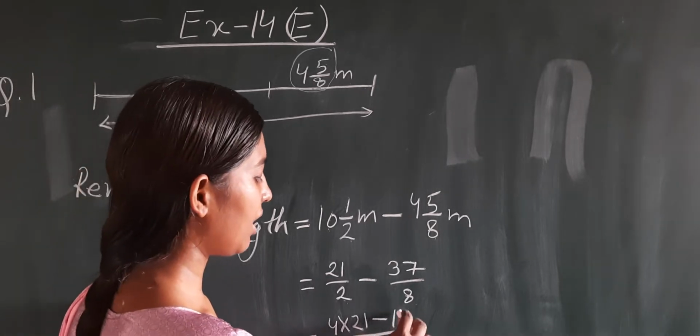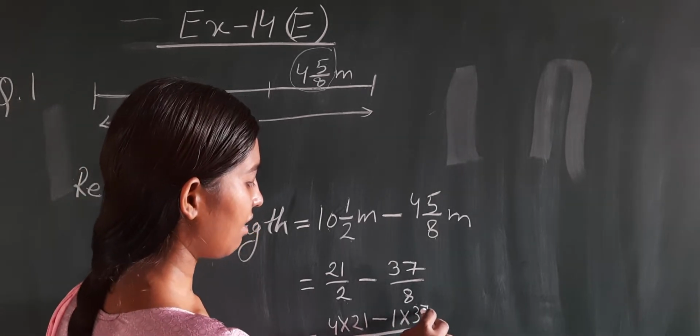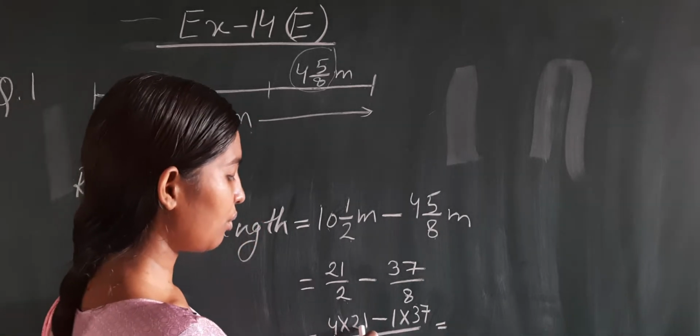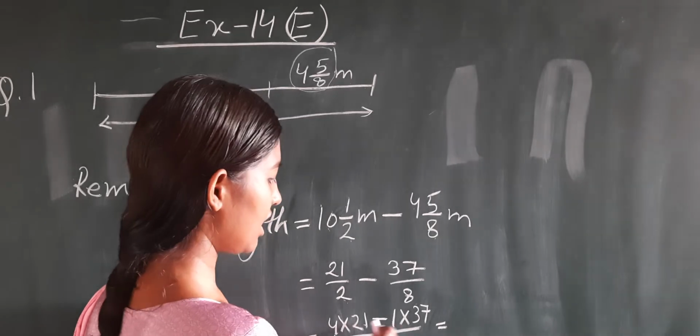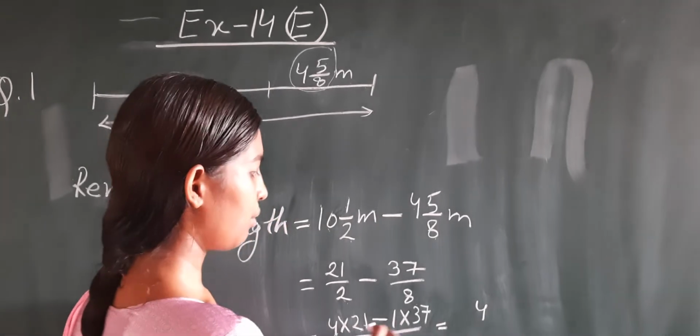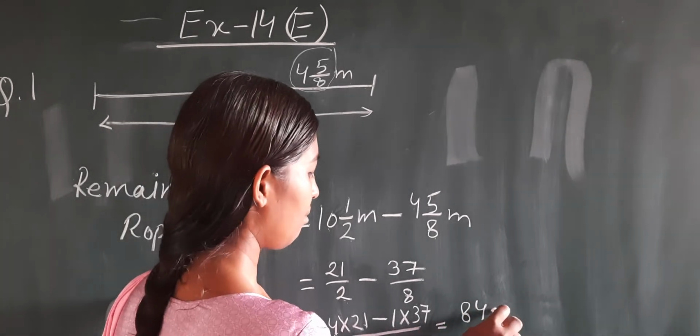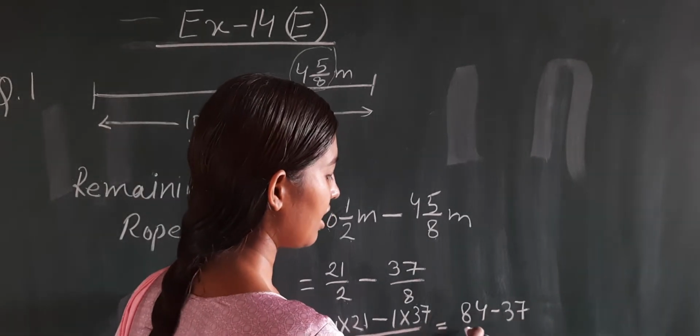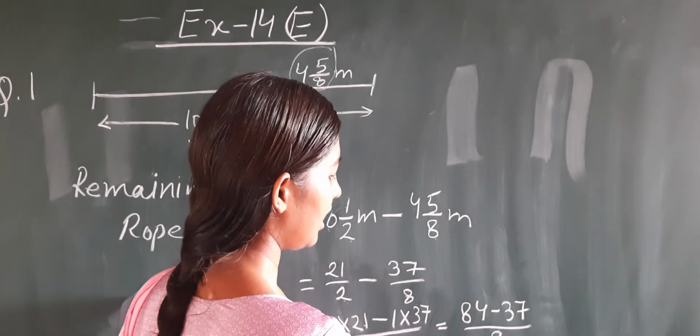So 1 multiplied by 37. Now solve this: 4 into 21, 4 ones are 4, 4 twos are 8, so 84, minus 1 into 37, upon 8.